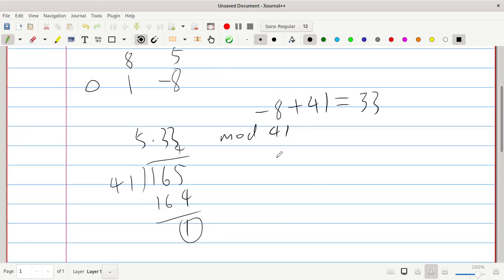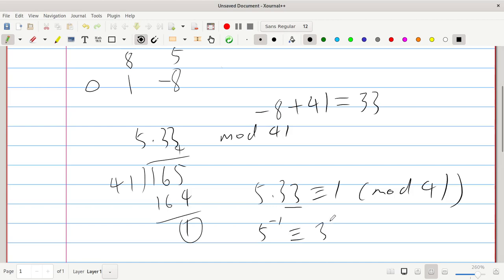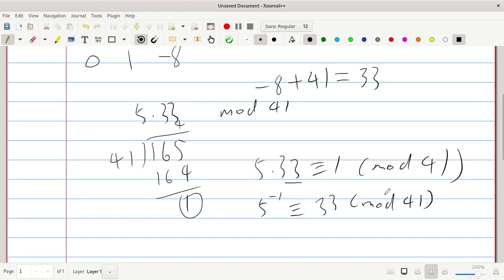So 5 times 33 is congruent to 1 mod 41, which means that 33 is the inverse of 5. So the inverse of 5 is 33 mod 41.